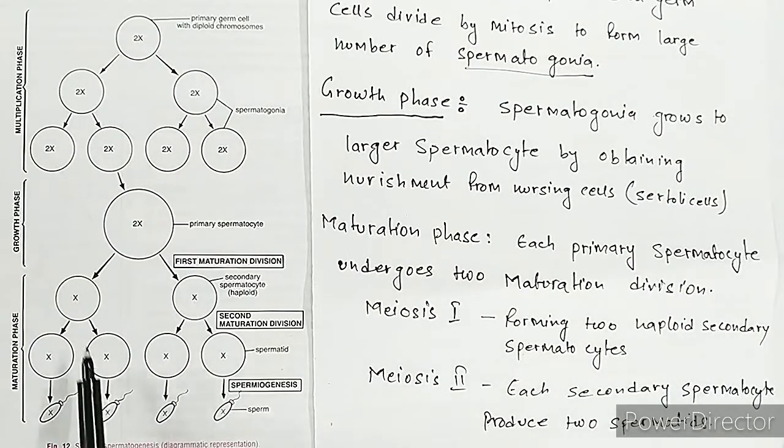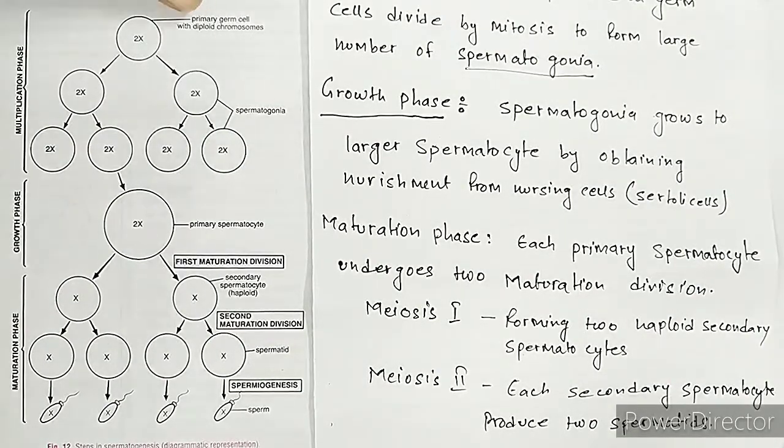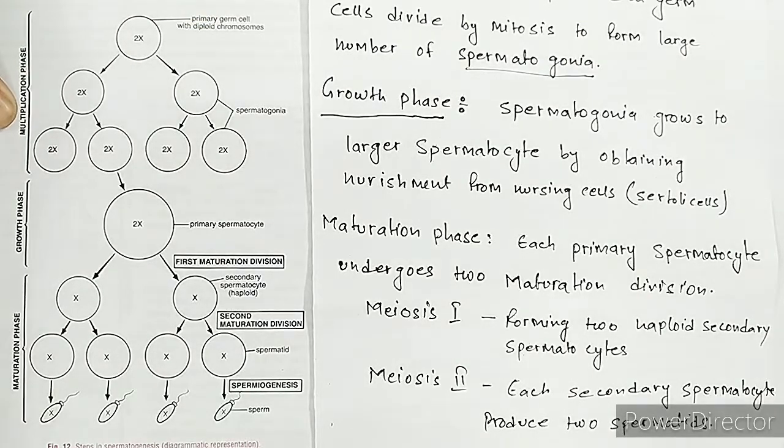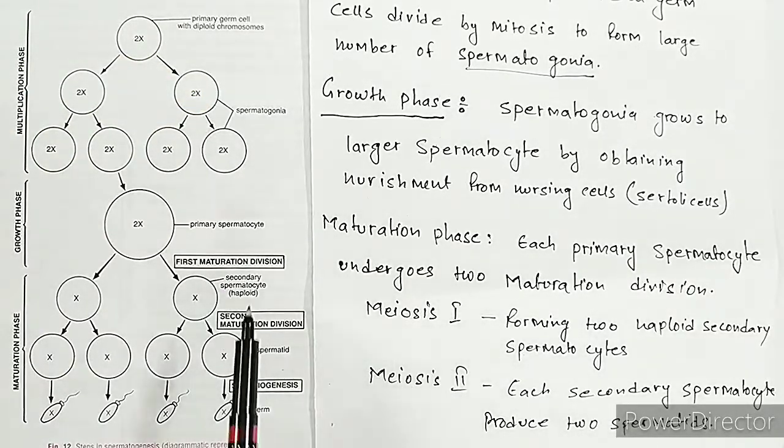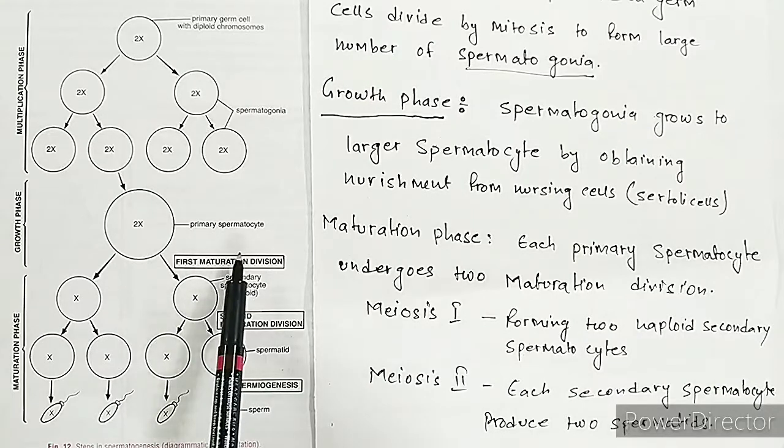That means 1, and the second one will produce a total of 4 spermatids, and this is known as spermatogenesis, when primary germ cells with diploid number of chromosomes go into the multiplication phase and produce spermatogonia, and then it grows into a larger primary spermatocyte which goes into meiotic division and produces 4 spermatids.